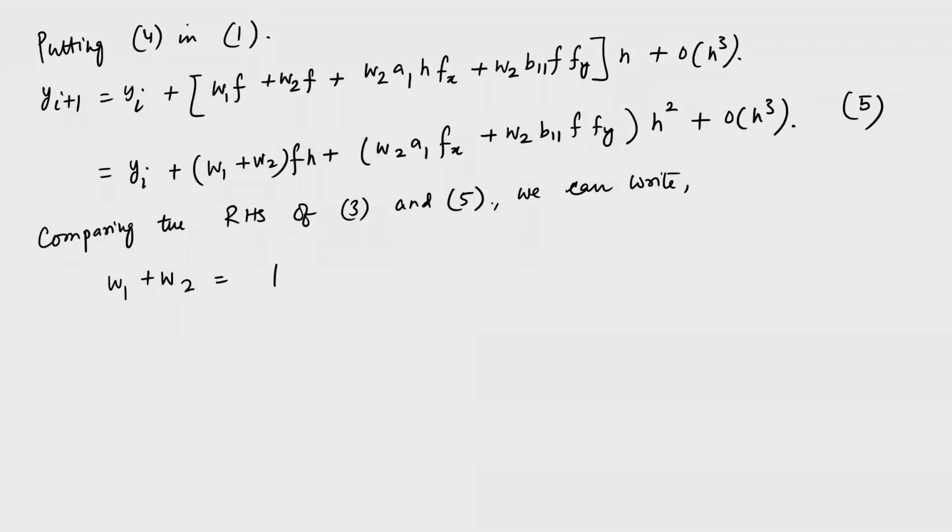So, we can see that W2 A1 is equal to half, because there is a factor of 2 there in equation 3. So, this W2 A1 is equal to half, and similarly W2 B11 is also equal to half, because that is the coefficient of f f y.